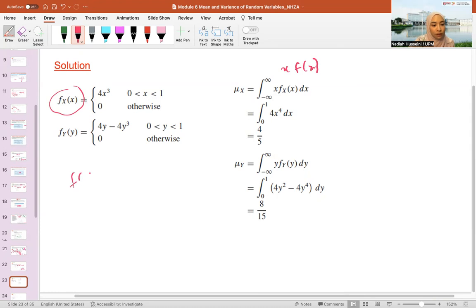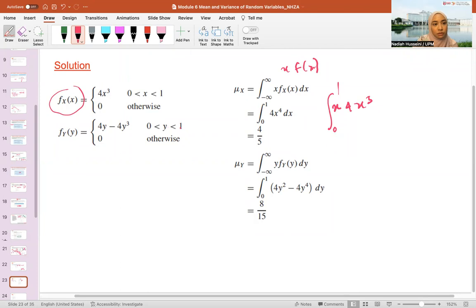If your fx is fxy, then you can't use this equation. If it is a marginal density function, you can because it only has one random variable in question. So now you can use the regular equation that we used earlier, and it becomes fairly straightforward. I think 4x cubed, you integrate with respect to 0 to 1.